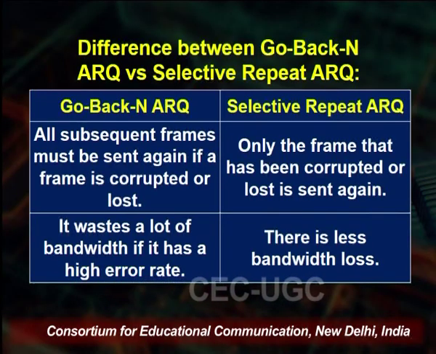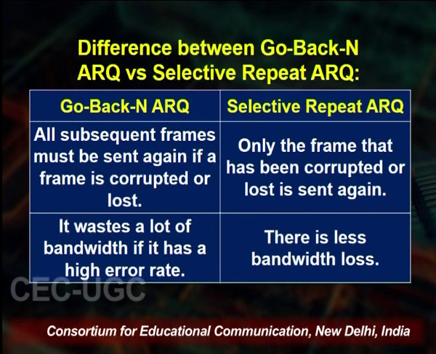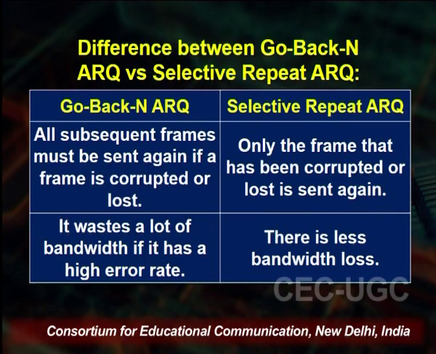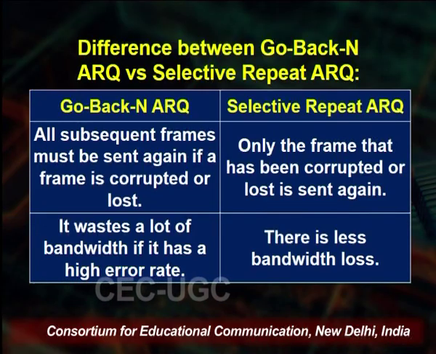In order to make this decision, we need to look into the differences of Go Back N ARQ versus Selective Repeat. In Go Back N ARQ, all the subsequent frames must be sent again if a frame is corrupted or lost. We are going to cover selective repeat along with examples in our upcoming lectures, but let us try to grasp the concept here.